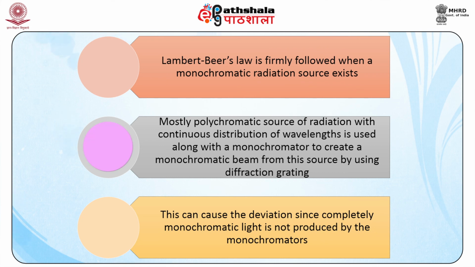Mostly a source of radiation with continuous distribution of wavelengths is used along with a monochromator to create a monochromatic beam from this source by using a diffraction grating. This can cause deviation since completely monochromatic light is not produced by the monochromators.